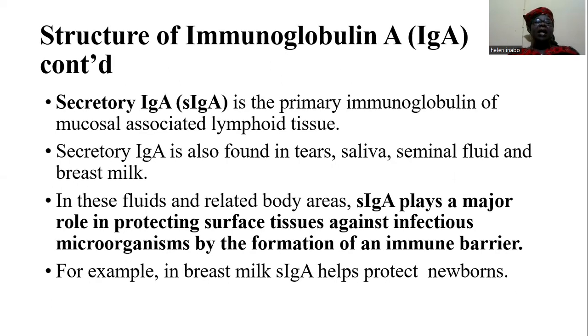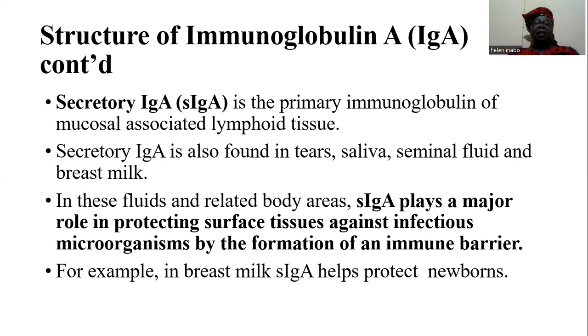Secretory IgA is a primary immunoglobulin that is associated with mucosal associated lymphoid tissue. Secretory IgA is found in tears, saliva, seminal fluid, and breast milk.